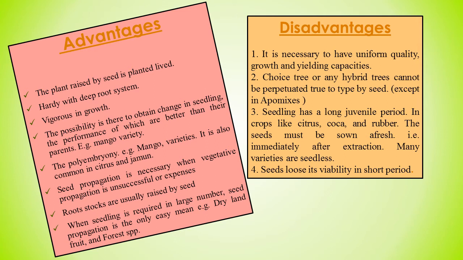So the advantages of vegetative propagation become disadvantages of seed propagation. Seedlings have a long juvenile period and take more time than vegetative propagation, which is another disadvantage. In crops like citrus, cocoa and rubber, the seeds must be sown afresh, for example immediately after extraction, and many varieties are seedless. Seeds lose their viability in a short period. So these are the advantages and disadvantages of seed propagation.